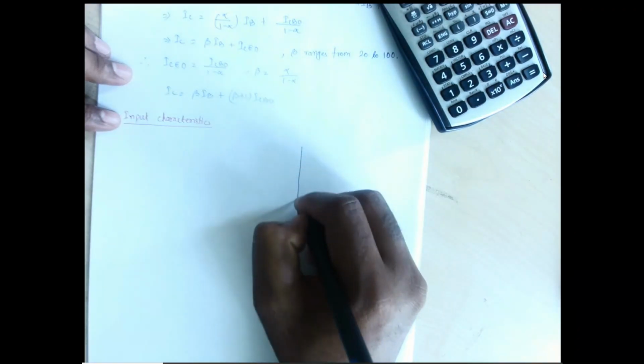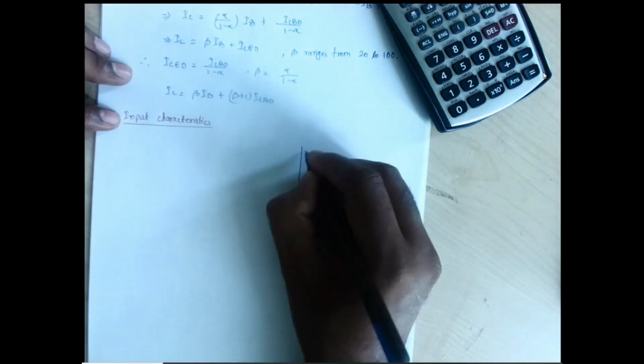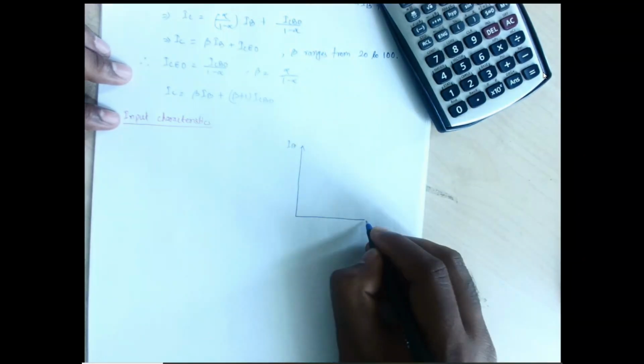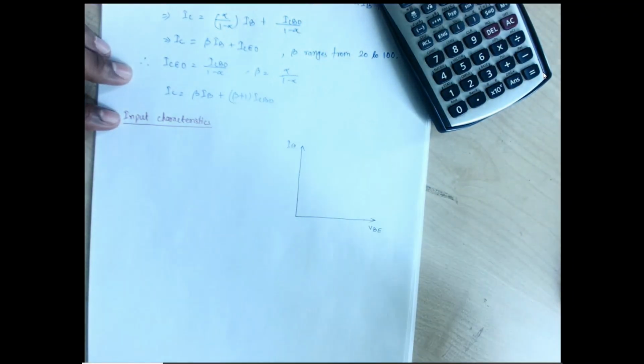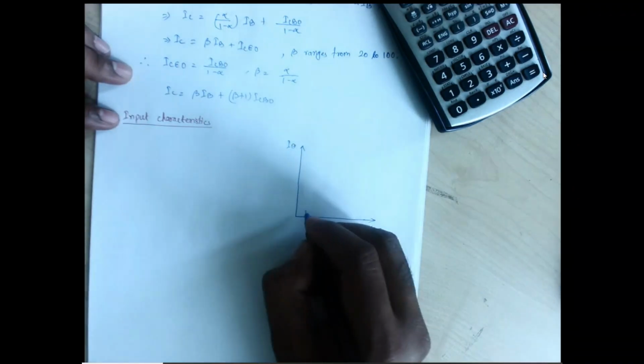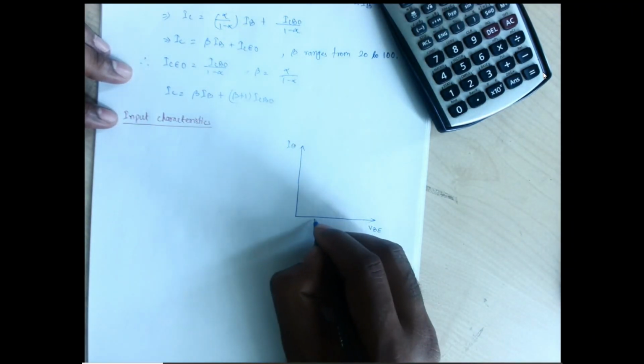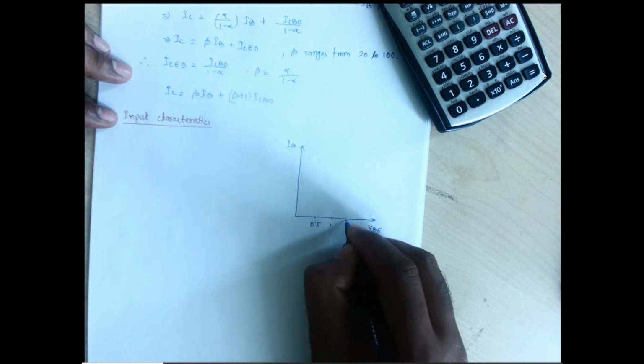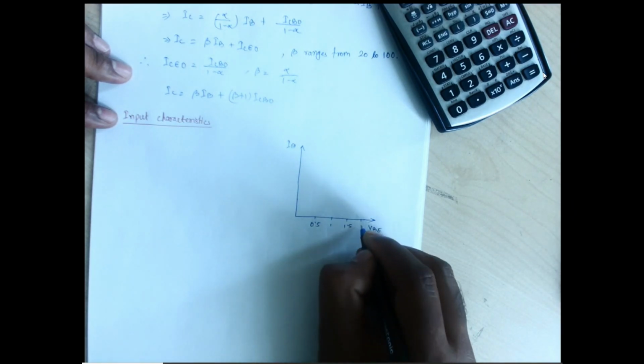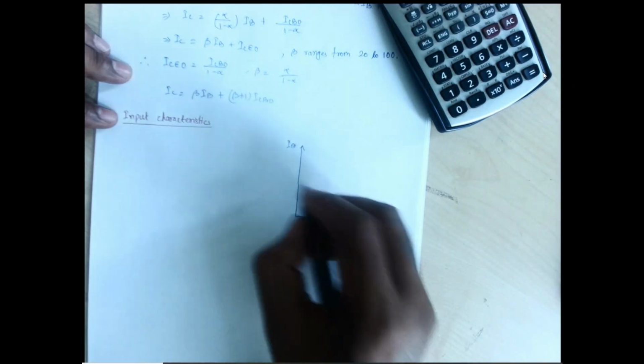Obviously the applied input voltage is our VBE and the input current is our IB. It is in the microampere range, IB is very small.